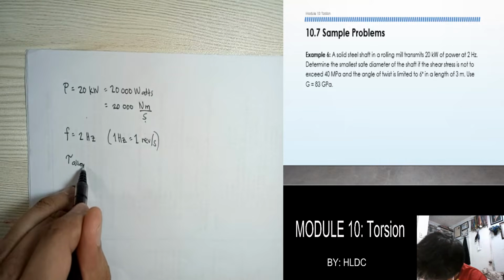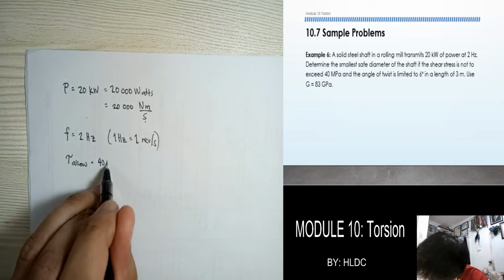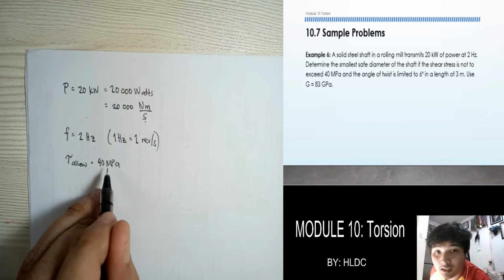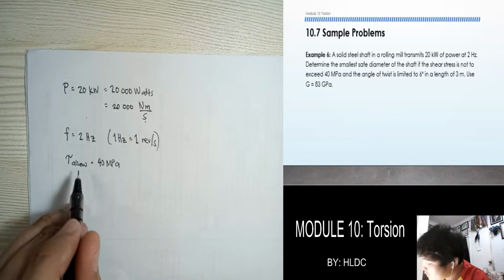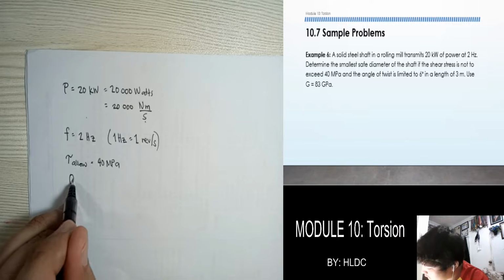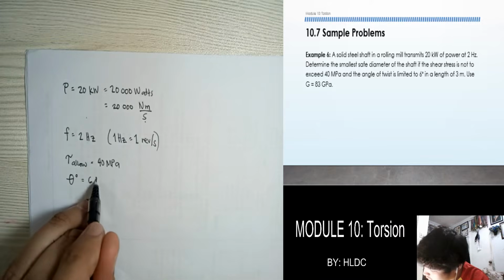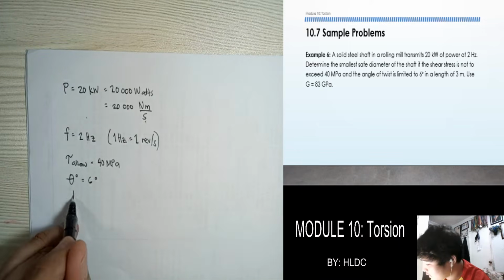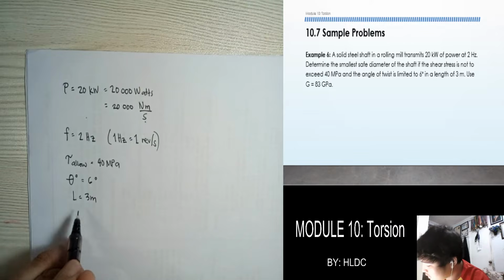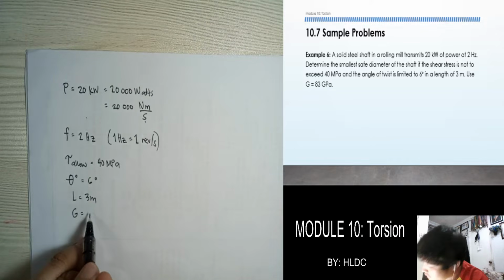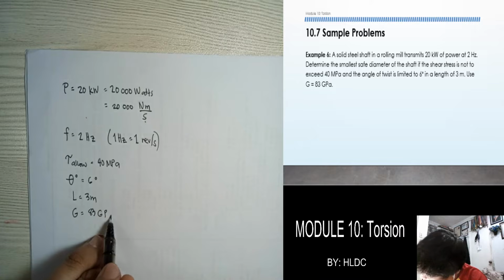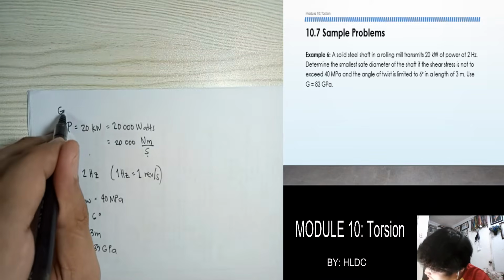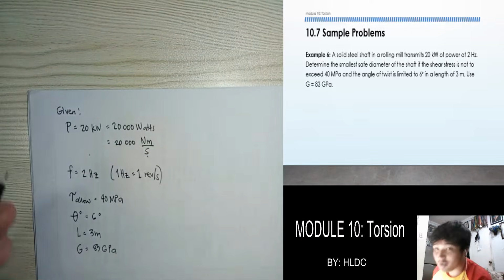So, bawal daw natin ma-exceed yung 40 MPa. And then, bawal din daw ma-exceed yung limiting angle of twist na 6 degrees. And then, use length na 3 meters. And then, G na 83 gigapascal. Okay, so sinulat ko lang muna, class, yung mga given.